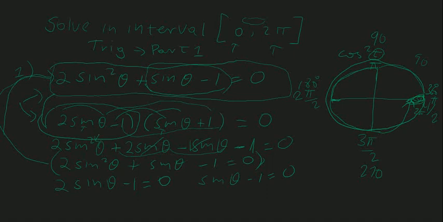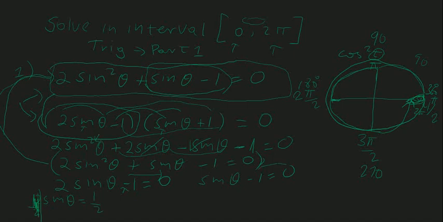Now if I'm trying to solve, I have to move this one outside first. So 2 sine angle, if you move this to the 0 side, the sign changes, equal to 1. Then I divide by 2 on both sides. This cancels, so you only have sine angle equal to half, which is positive. And what about this one?